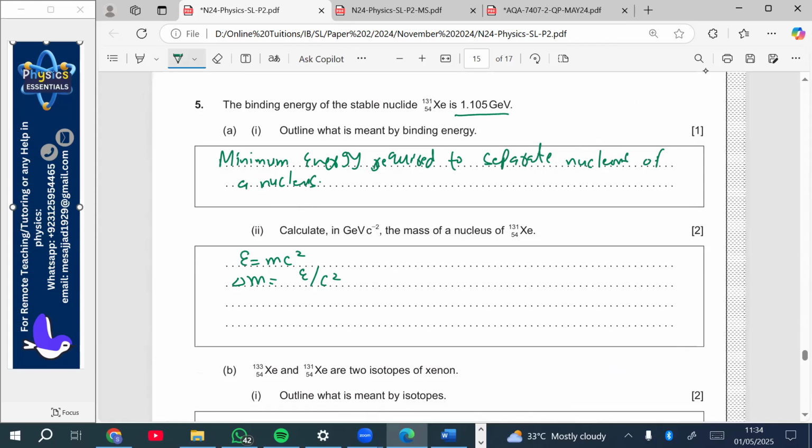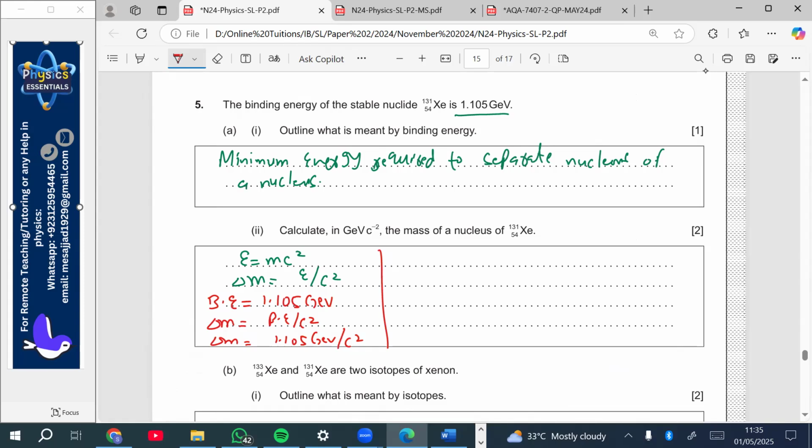Okay, so you will just write binding energy is 1.105 giga electron volts, right? So delta M is binding energy over c squared, so 1.105 GeV over c square, right?